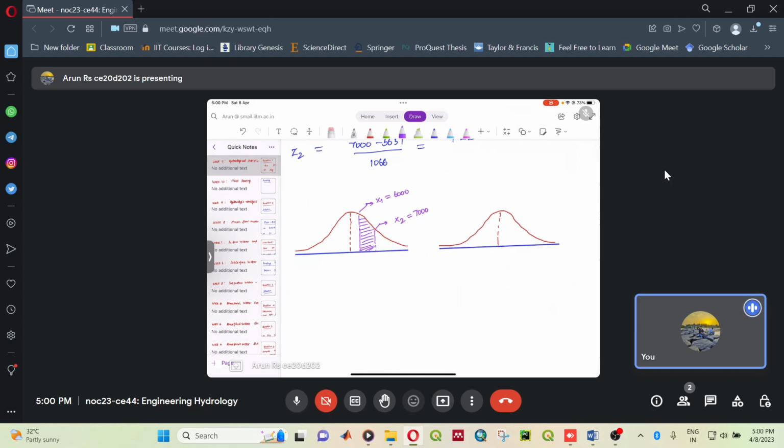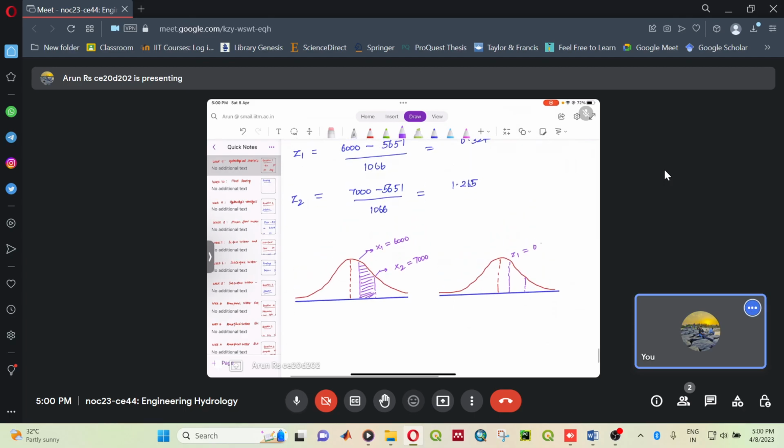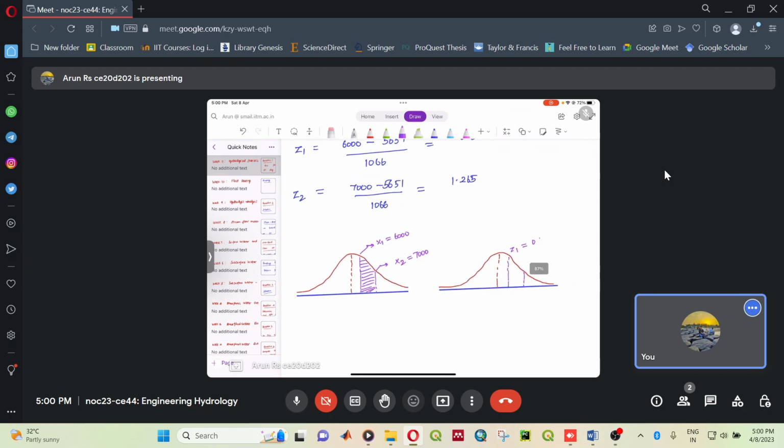So we have applied a transformation and we have converted the x into the standard normal variate, which corresponds to z1 is equal to 0.327 and z2 is equal to 1.265.